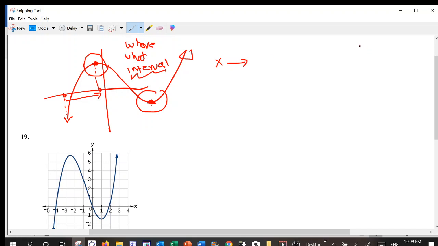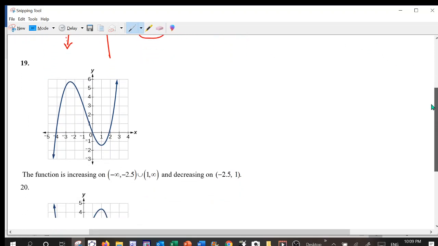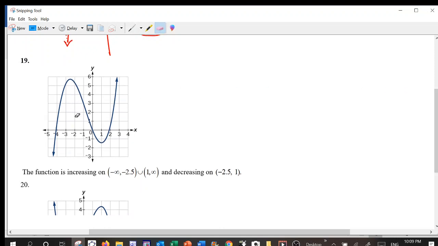Okay, so now that we know what it means to be increasing or decreasing, in what intervals is this function increasing? Well, it looks like right about here, which is in the middle of -2 and 3.